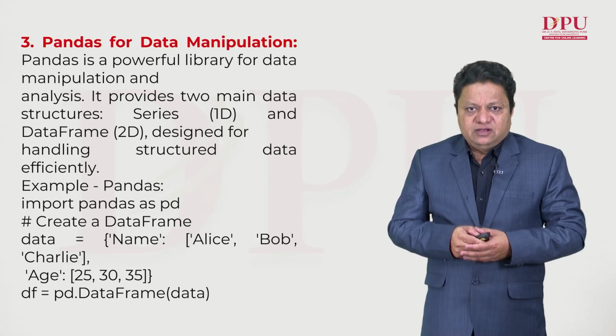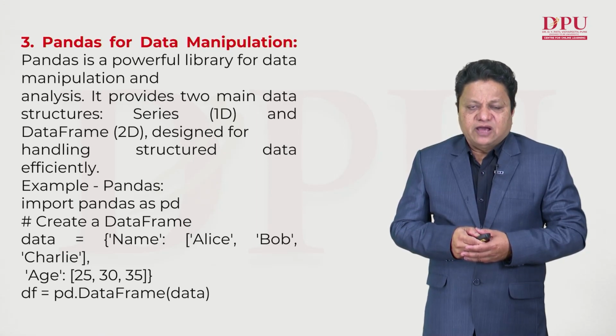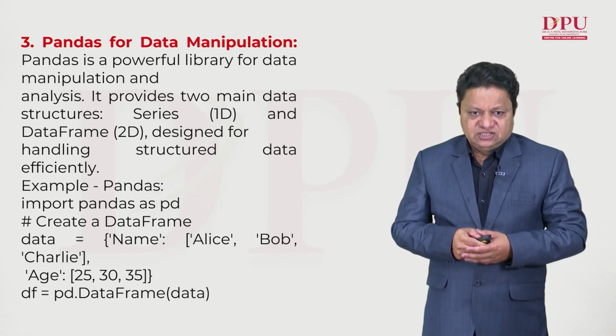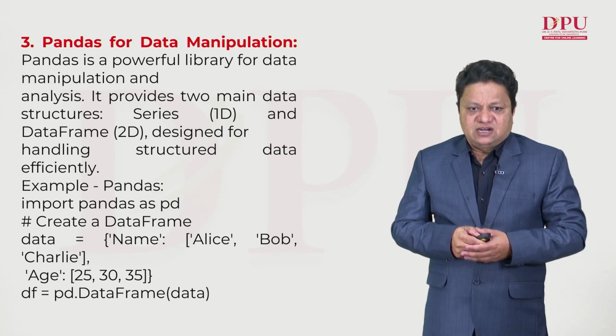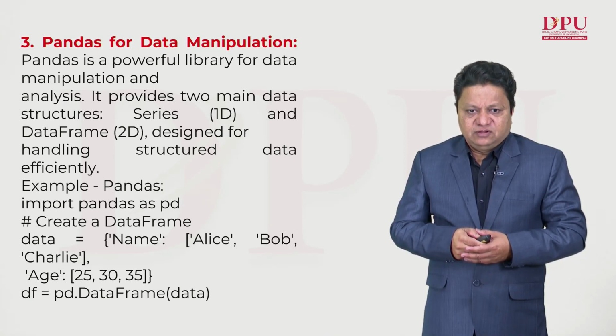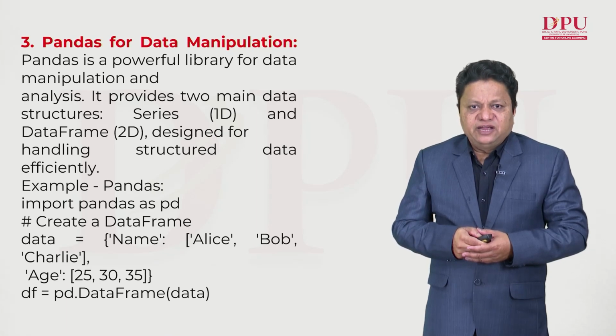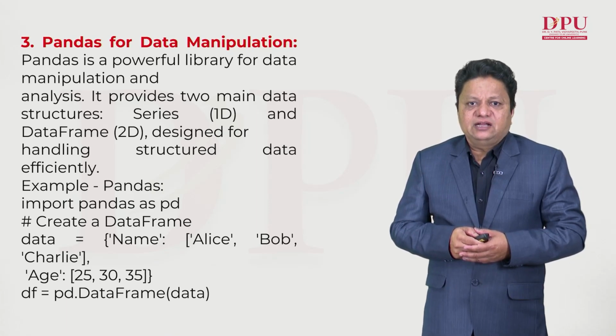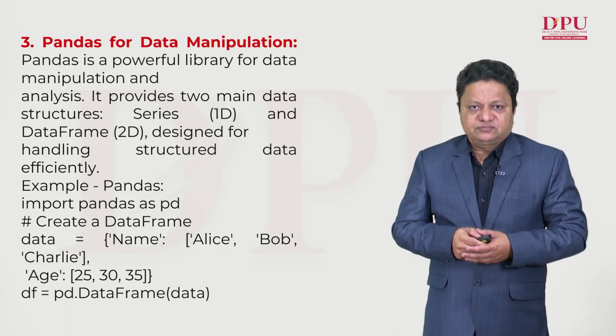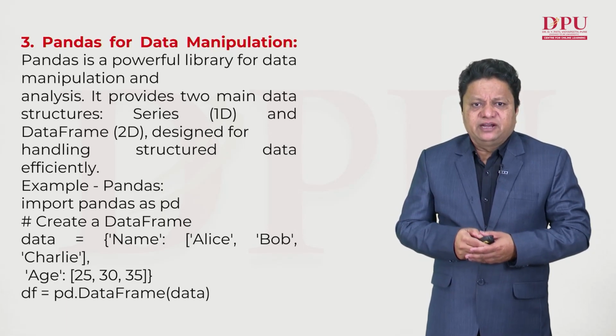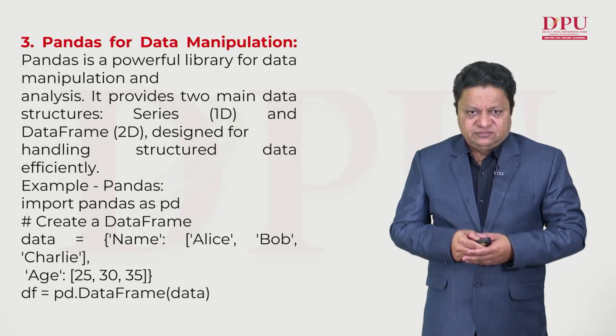In the same way, I have inserted one more key and value pair. Here the key is age and the values are 25, 30 and 35. So, this is my dictionary data structure example.